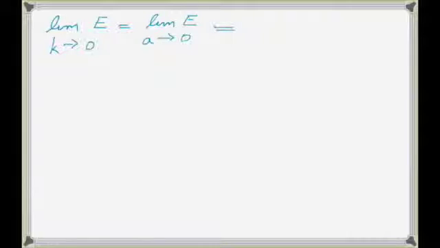Well, cosine Ka in the limit of very small Ka just becomes 1 minus 1/2 k squared a squared. That's what your cosine Ka term becomes as Ka goes to 0.